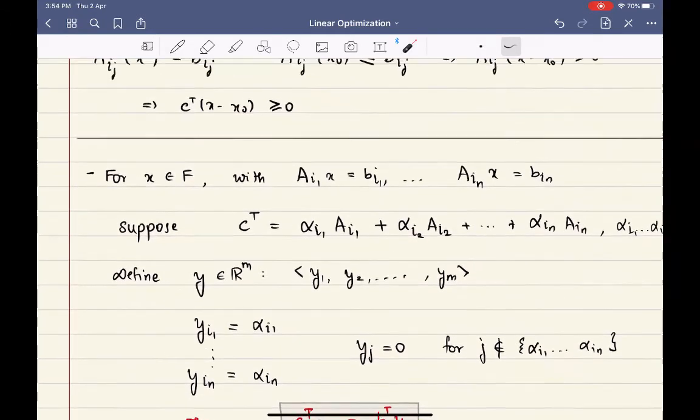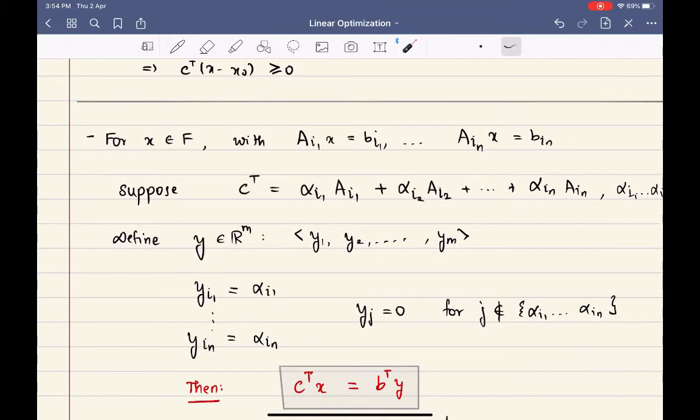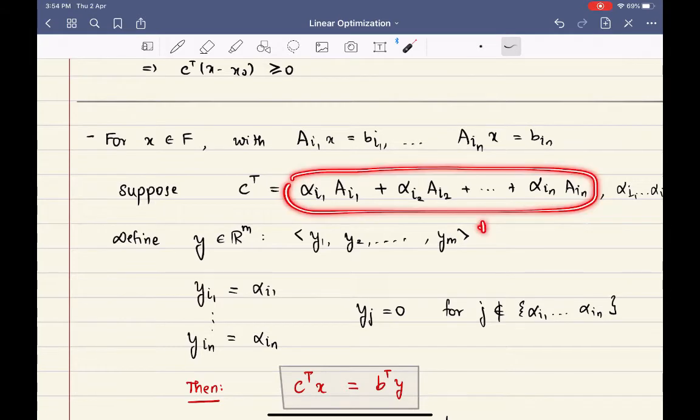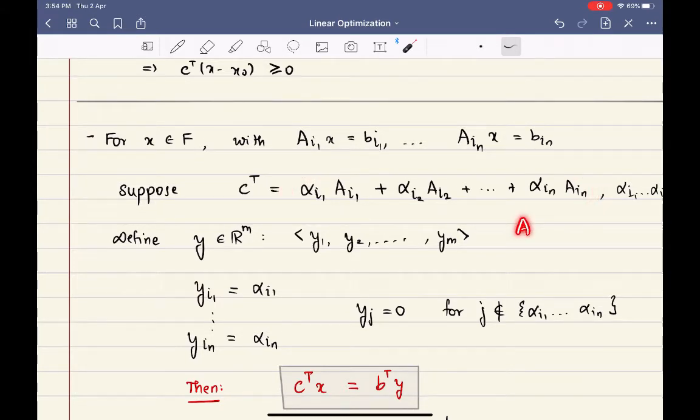Now clearly, this is what I've written here. You can write C transpose as this plus 0 times aj1 till 0 times ajn. Now C transpose x would be alpha i1 ai1 x, alpha i2 ai2 x and so on, like in the previous proof. But ai1 x is just bi1, ai2 x is just bi2 and so on. And for the 0 cases, it's 0 times bj.